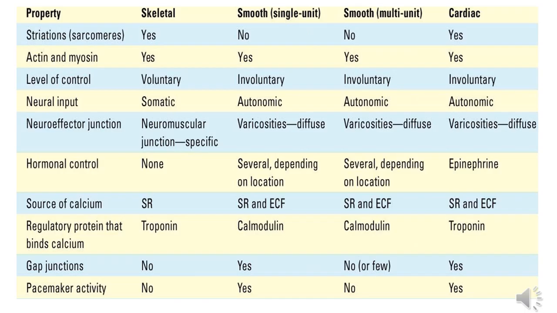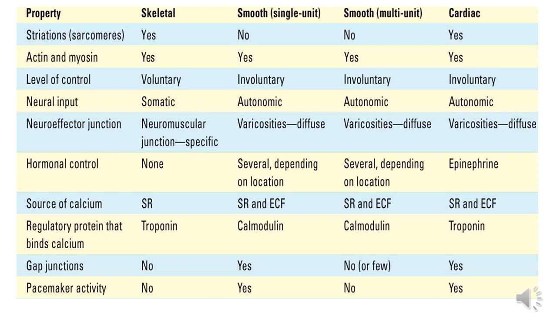So far, we just want to appreciate some of the differences in what we have learned. The striations, we see them in the skeletal muscle as well as cardiac muscle, but not in either of the smooth muscles, while actin and myosin are noted in all four.